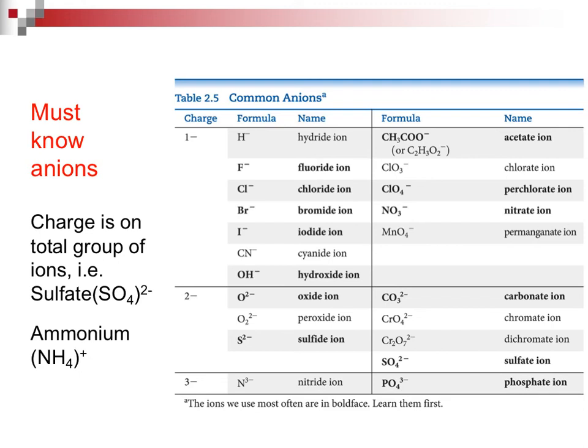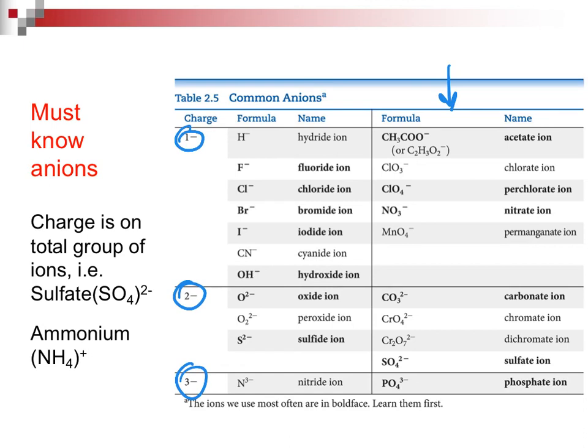There are the must-know anions. Again, -1, can't get away from them, -2, -3. And then there are the more complicated ones that we'll get into as we get deeper into this course. But you have to know their formula, and you have to know their name. The charge is on the total group of the ions.